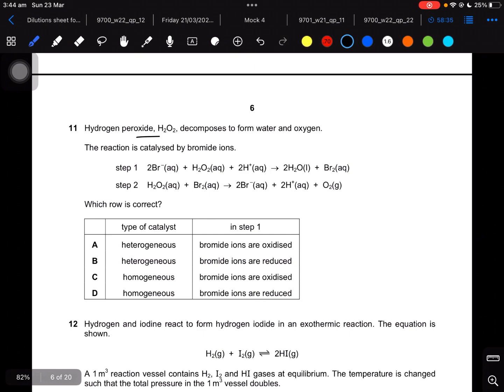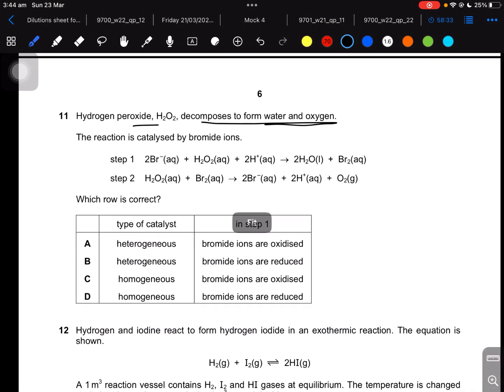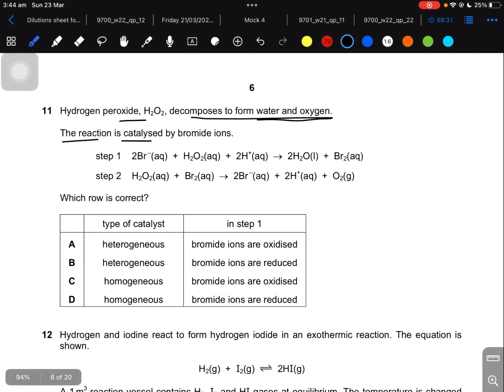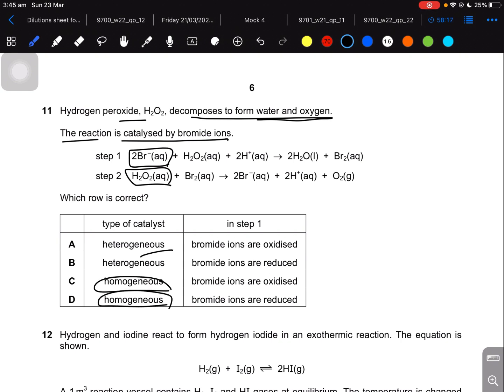Hydrogen peroxide decomposes to form water and oxygen. The reaction is catalyzed by bromide ions. Okay, so here H2O2 is aqueous. Bromide ions are aqueous, so it's homogeneous, same state. Homogeneous catalysts are catalysts that are in the same state as the reactants, but heterogeneous catalysts are in a different state than the reactants.